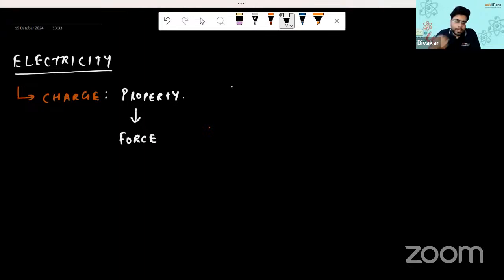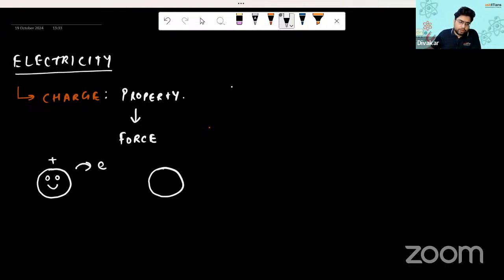Meaning, if you have an atom here and you take one electron out from this atom, it gets a positive emotion. And if you add one electron to this atom, it gets a negative emotion. As an outcome, if you bring these two emotions together, they attract each other.